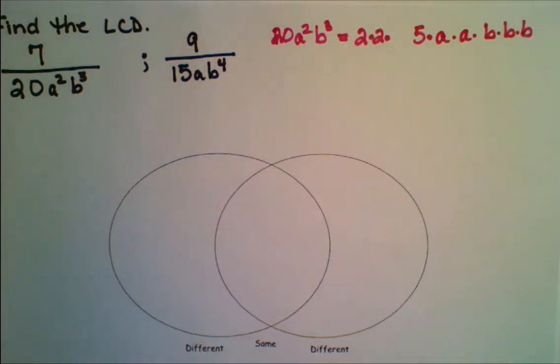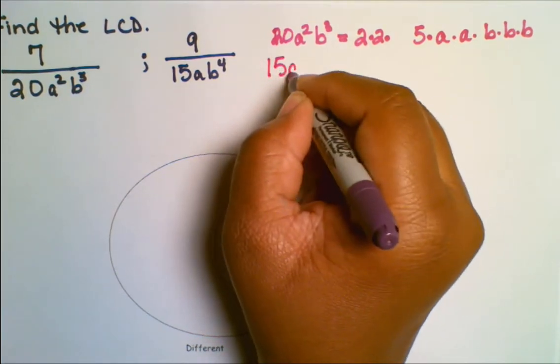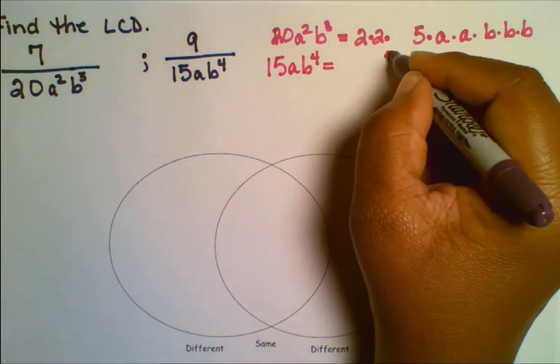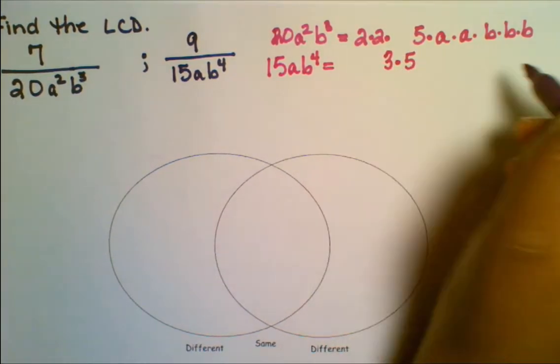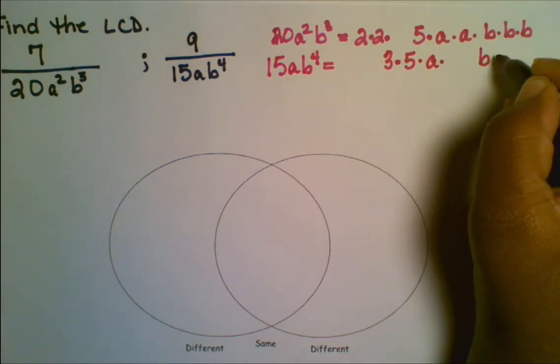For 15ab to the fourth, the prime factors are 3 and 5 for 15. We have an a and we have 4 b's.